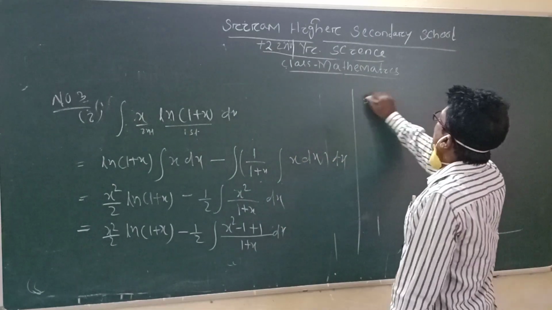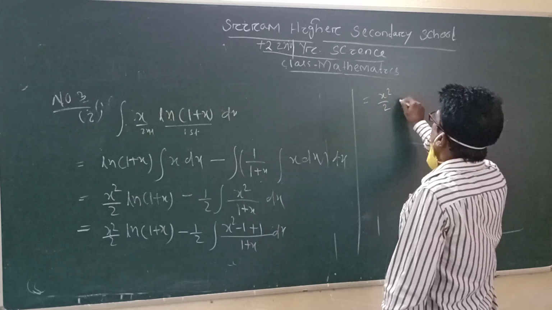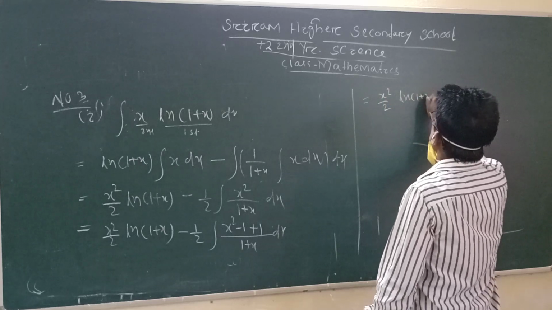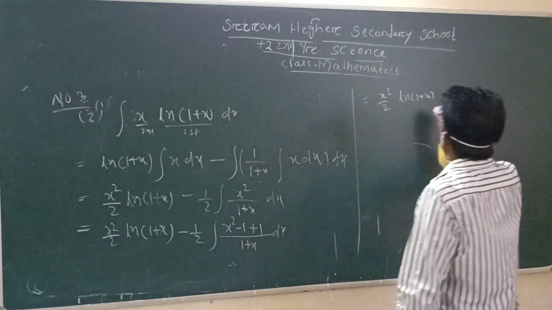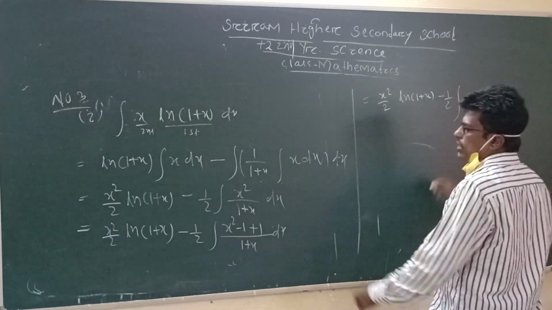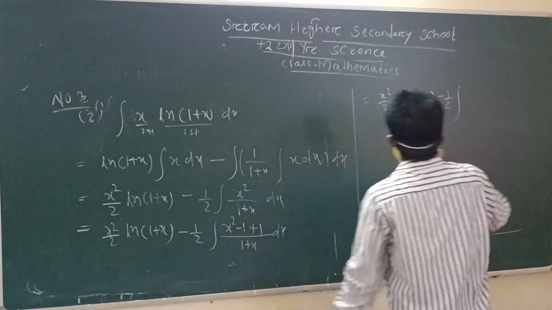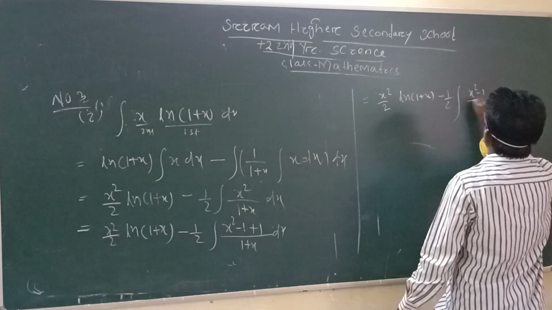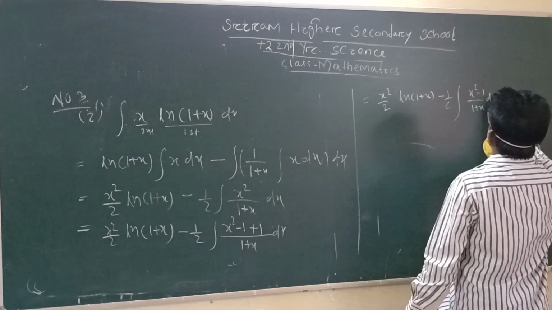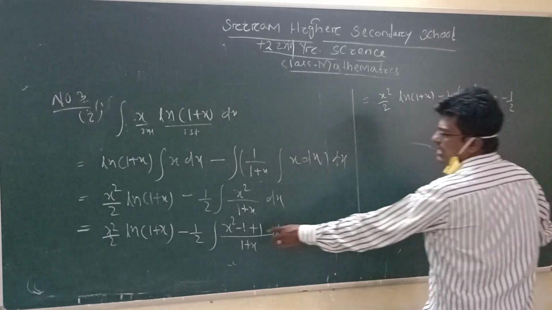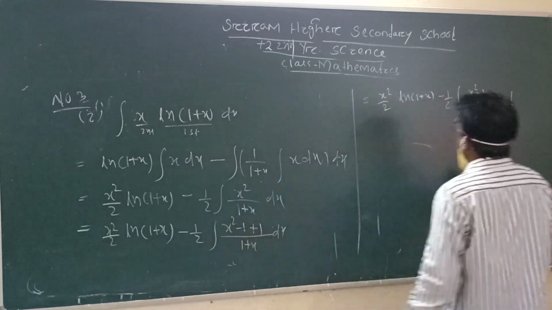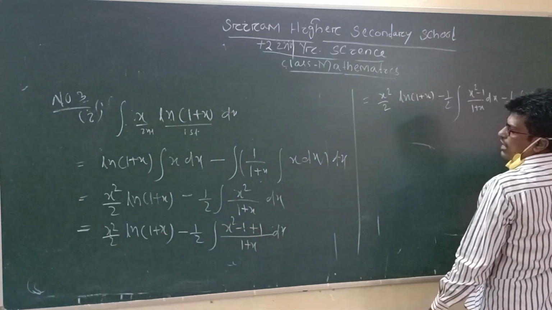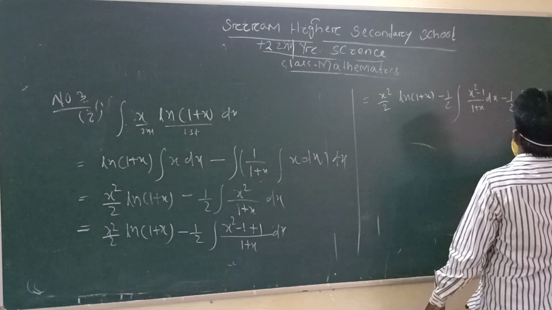That value is x square by 2 ln(1 plus x), that remaining same value, minus half of (x square minus 1) by 1 plus x, minus 1 by 1 plus x, dx. The minus half is also multiplied in this case, by dx by 1 plus x.